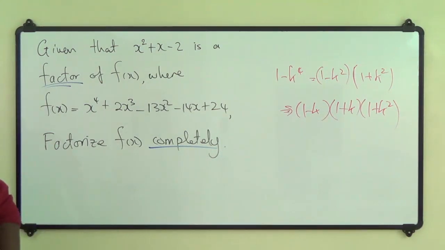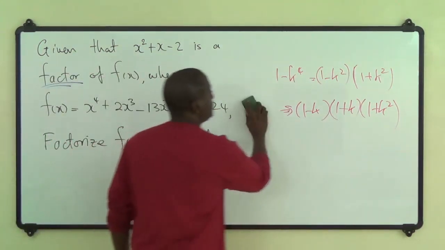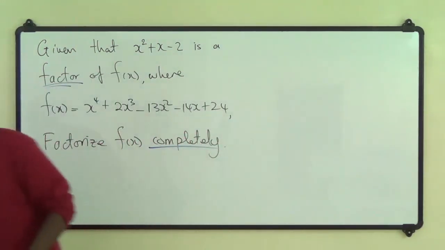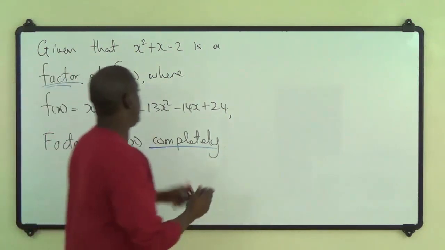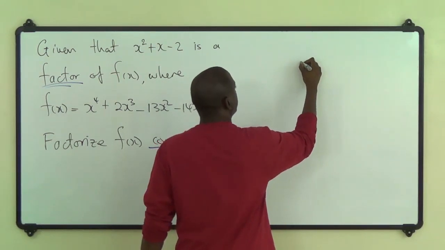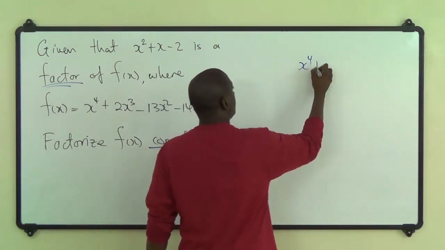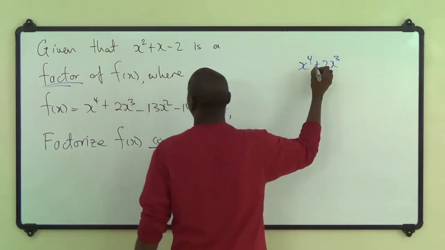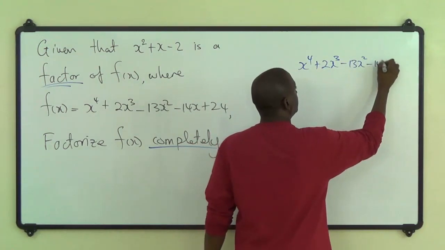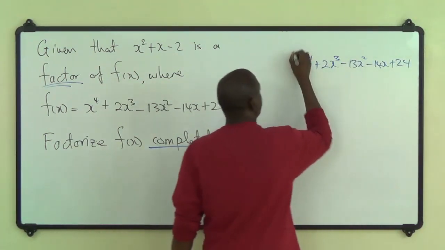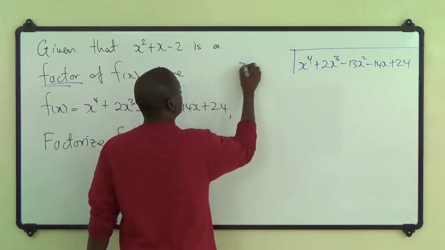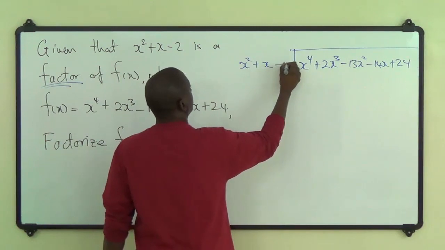All right, so there we go. We're going to now divide this long guy here: x to the power of 4 plus 2x cubed minus 13x squared minus 14x plus 24, divided by, watch it now, x squared plus x minus 2.